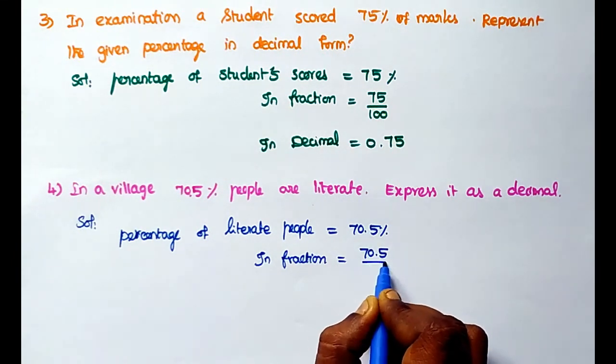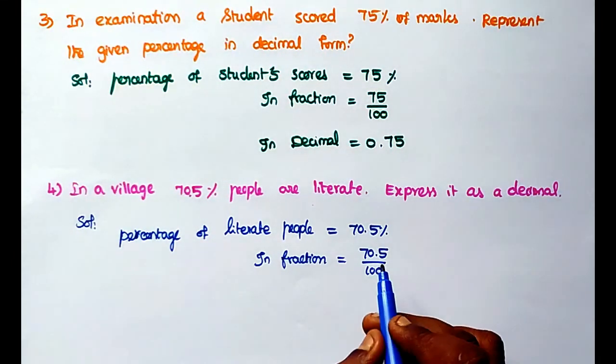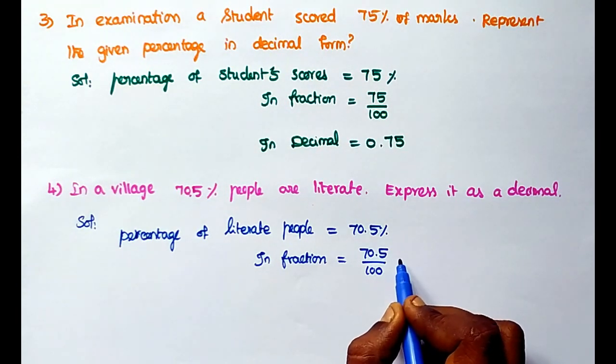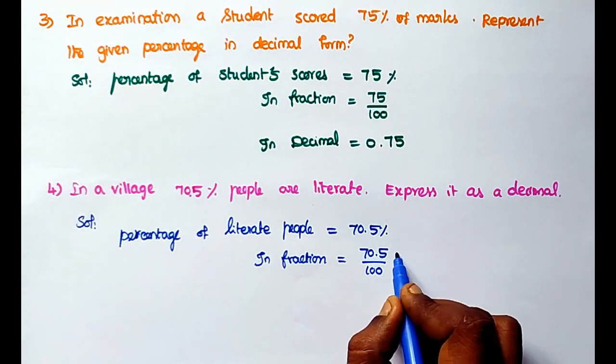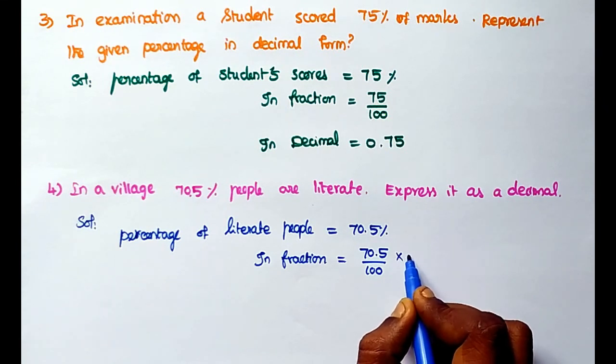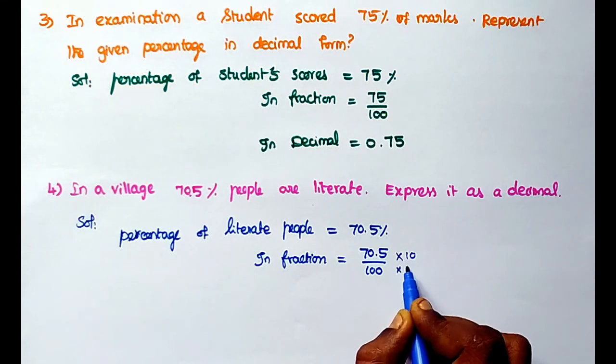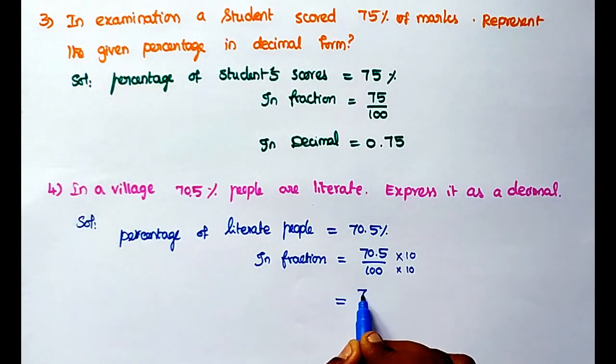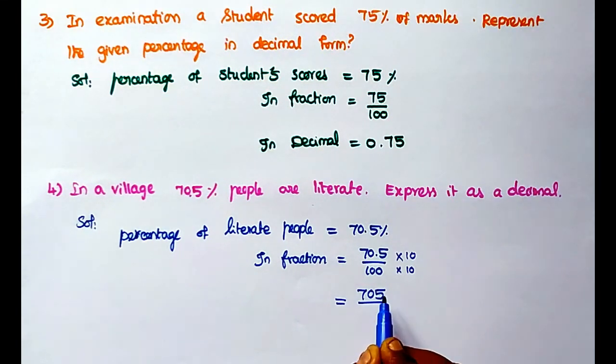70.5 divided by 100. Now in the numerator also it is a decimal, so change into whole numbers, means after the decimal point 1 digit, so multiply with 10 and divided by 10. Now we get 705 divided by 100 into 10, 1000.